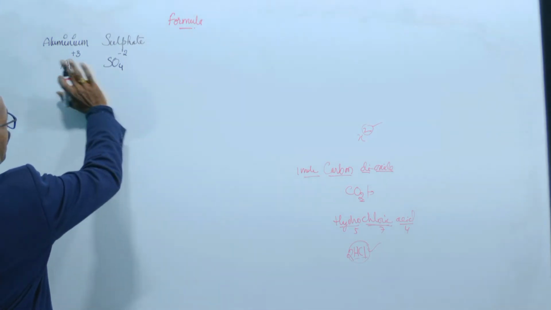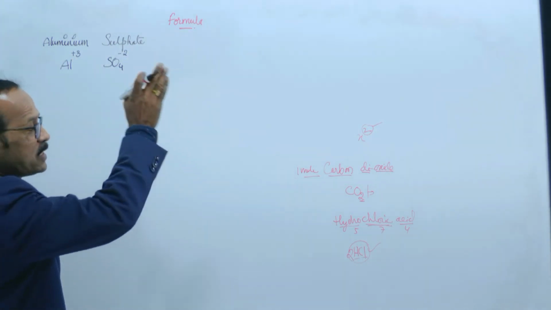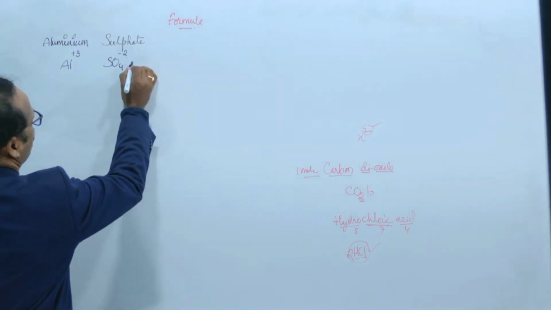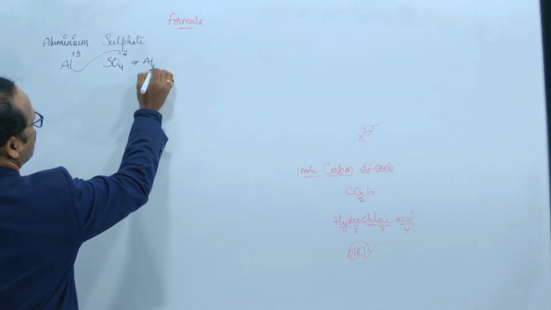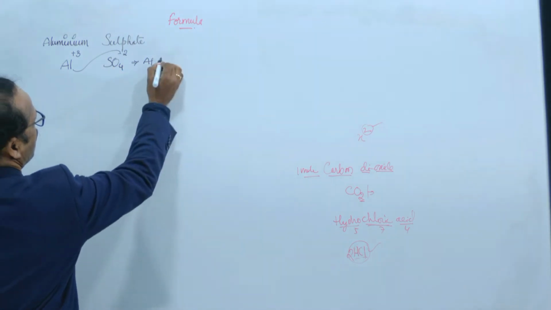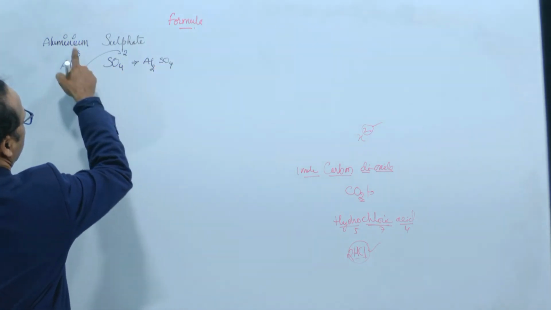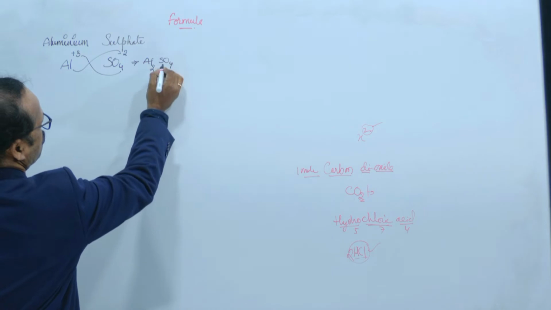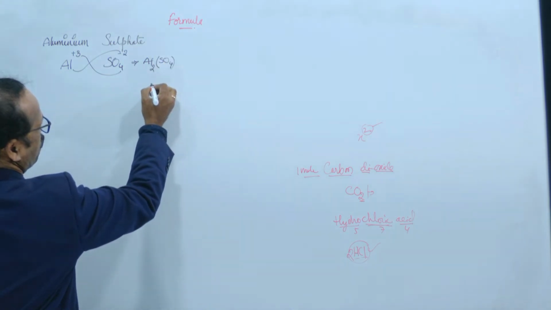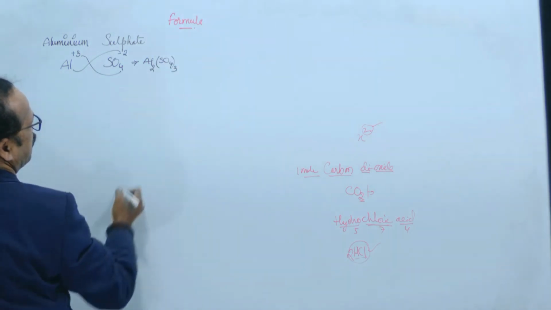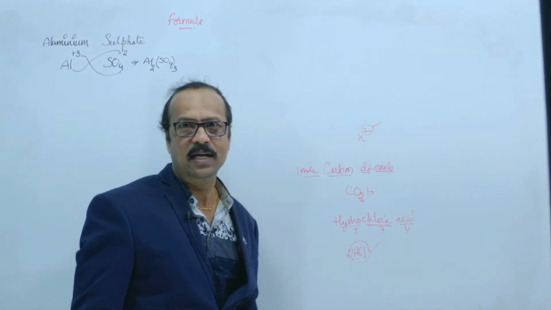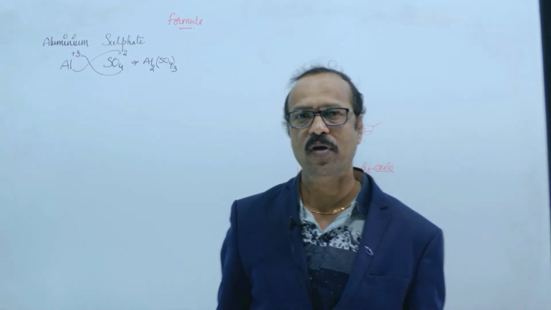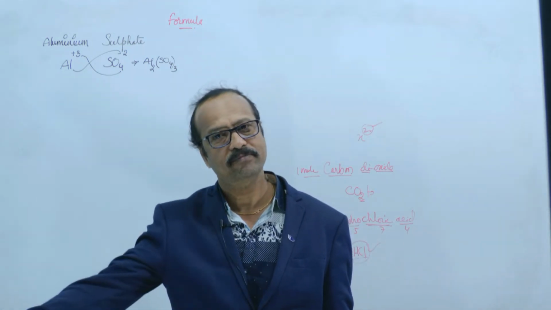Neglect the charges and just crisscross the numbers. So Al, this 2 is going there, so this becomes Al2. Then SO4, and 3 comes here. Since a number is already there, put the bracket and write the 3. So this becomes Al2(SO4) taken thrice. That is the formula of aluminium sulfate.